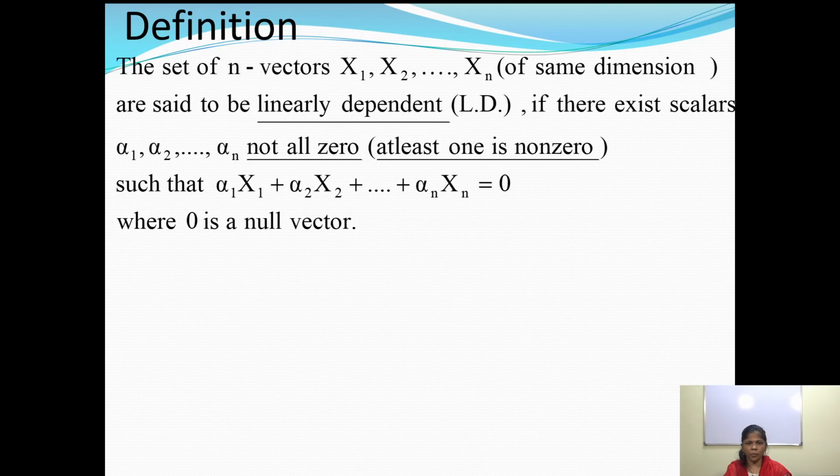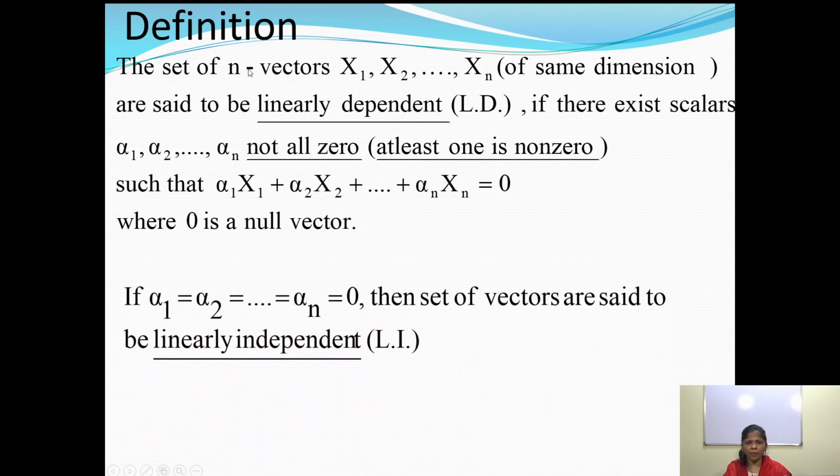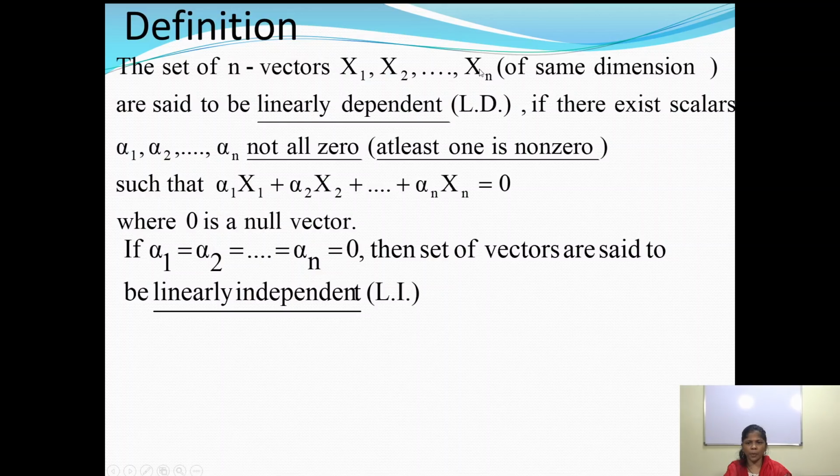Now let us see what is meant by linear dependence of vectors. A set of n vectors x1, x2 up to xn, with the condition that they should be of the same dimension, are said to be linearly dependent, which we write in short as LD, if there exist scalars alpha 1, alpha 2 up to alpha n.